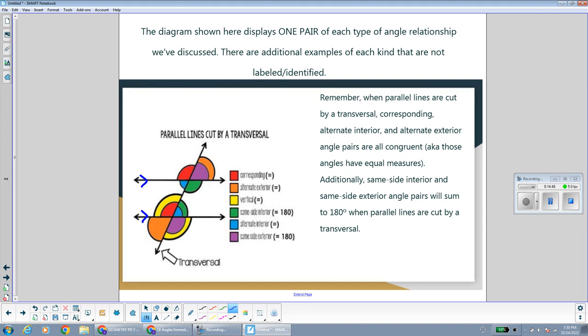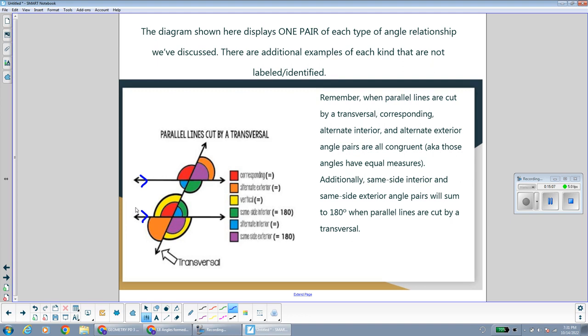Additionally, same side interior and same side exterior angle pairs will add to 180 degrees when parallel lines are cut by a transversal. So all of these relationships are only true when we know that the lines are parallel.